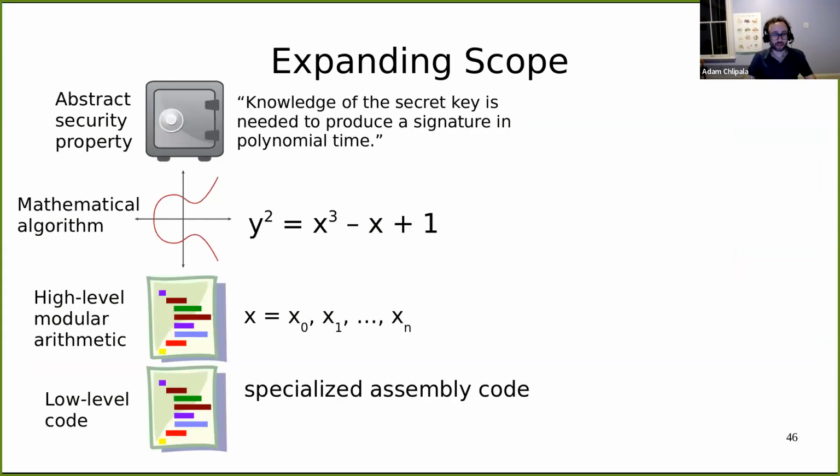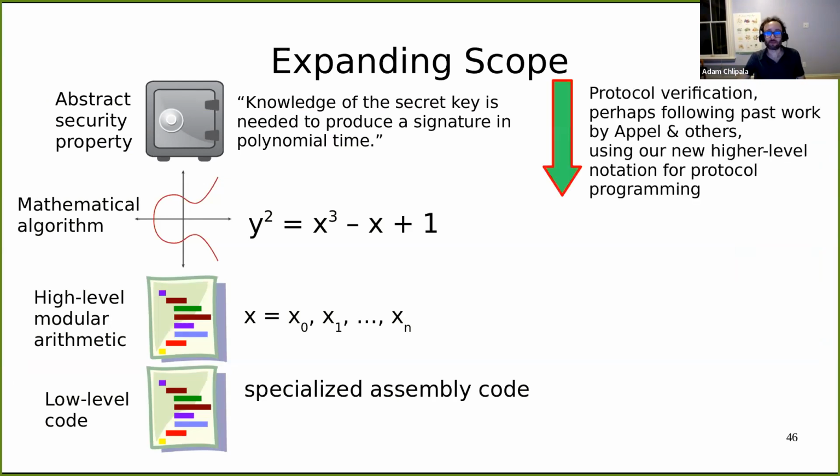So building on a system like that, how can we reach towards proofs that cover larger fragments of cryptographic systems? And thinking about this stack of layers in cryptography that I had shown before, if we want to connect more to those abstract security properties at the top, we can head into the world of protocol verification, maybe building on work that Andrew Appel and his collaborators have done, showing that you can indeed use Coq to integrate protocol verification with functional correctness proofs about C programs and even formally proved compilation.